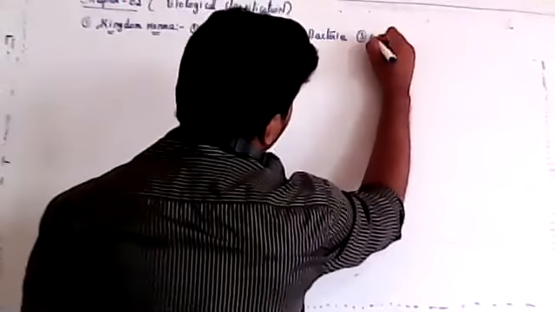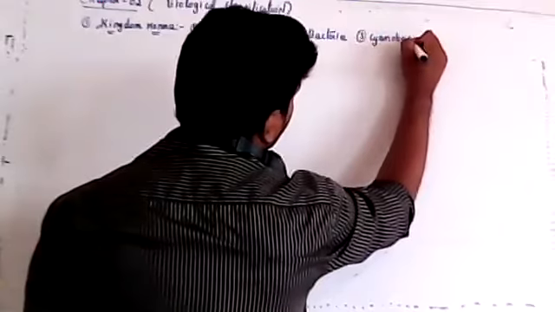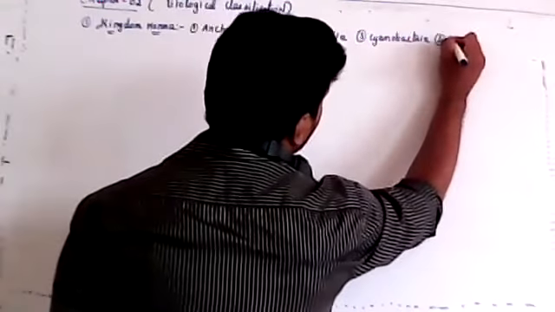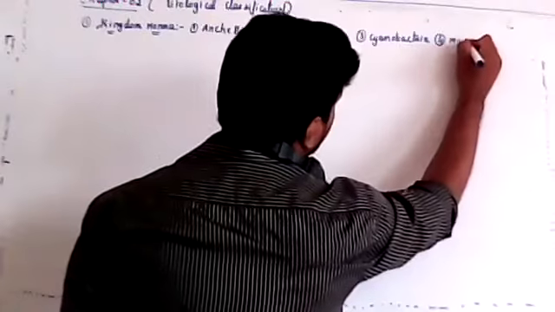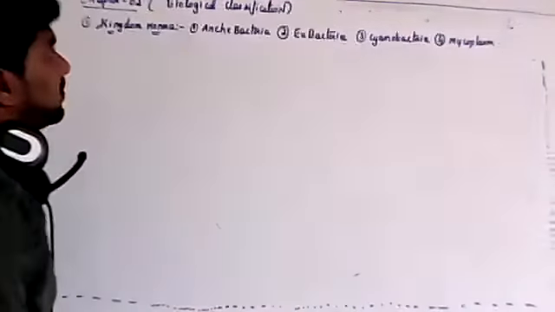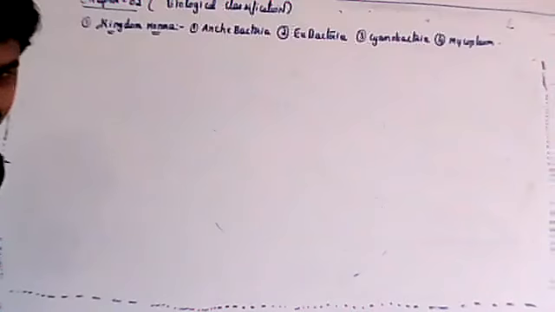Then the fourth is Mycoplasma. First we'll complete these four microorganisms. Actinomycetes, Shravan, will come under fungi.